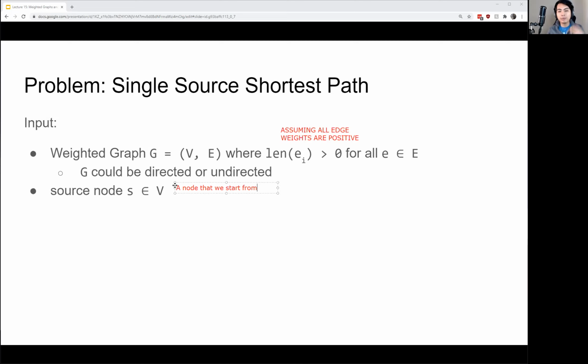Like, for example, if we have a directed weighted graph, let's say we have a node A here, and then we have a node B. Let's say that I owe my brother $400, right? I don't. But let's just imagine that I did. So the edge here could be negative 400.